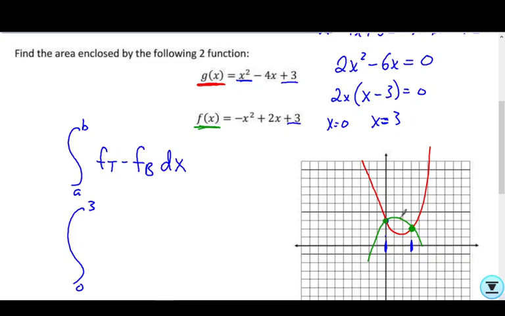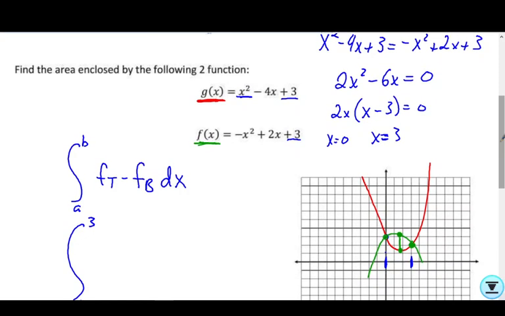So from that, I know that for my vertical strip, the negative one is my top function, or the positive one is my bottom. Another way to do that is you could plug in any point in between 0 and 3. For instance, let's start with g.